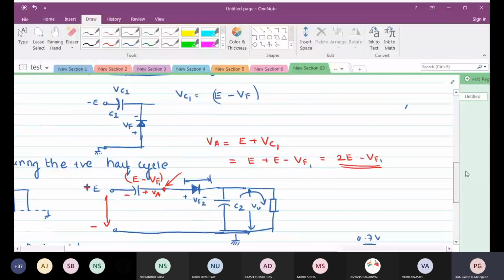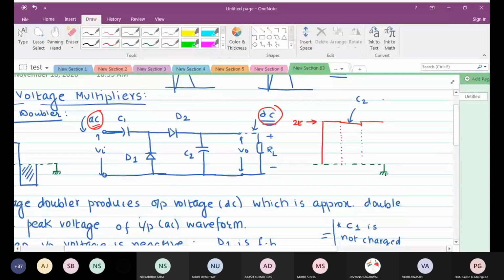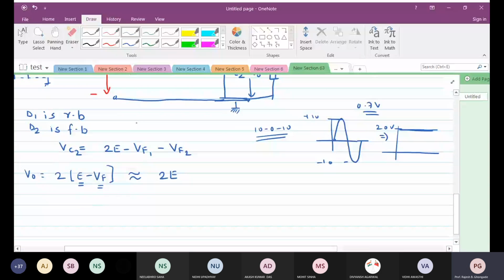This is what will happen when C2 partially discharges. So you have a ripple here. You will not have a clean DC waveform, but you may have a ripple. And the higher the load current, the bigger is going to be the ripple.